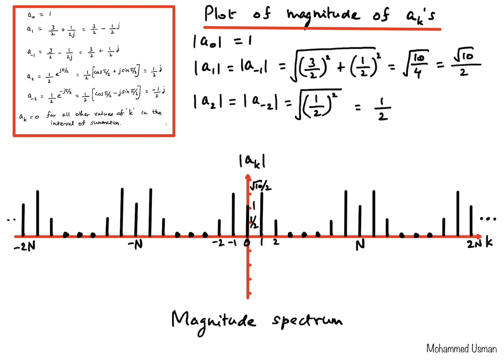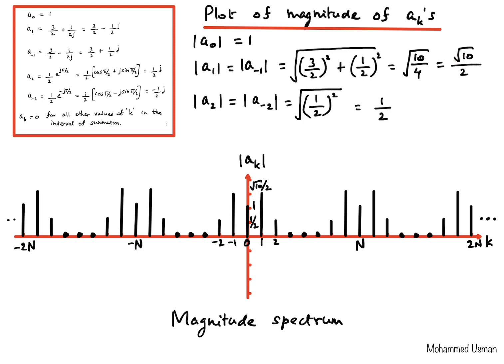For the real case, for A0, the magnitude is itself, so that's 1. For these complex numbers, the magnitude is the square root of the square of the real part plus the square of the imaginary part. Because A1 and A minus 1 are complex conjugates of each other, their magnitudes will be the same, which gives us root 10 by 2.